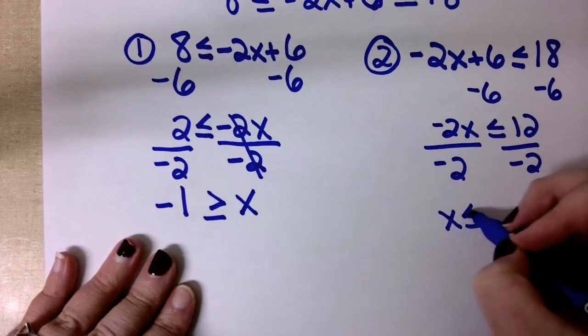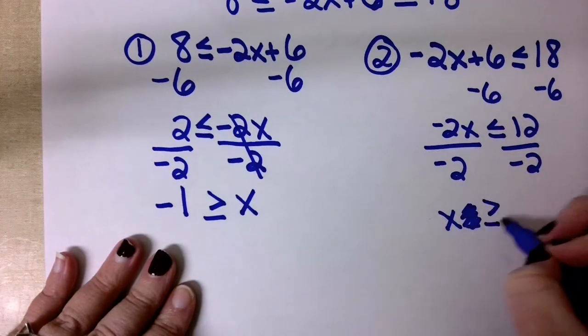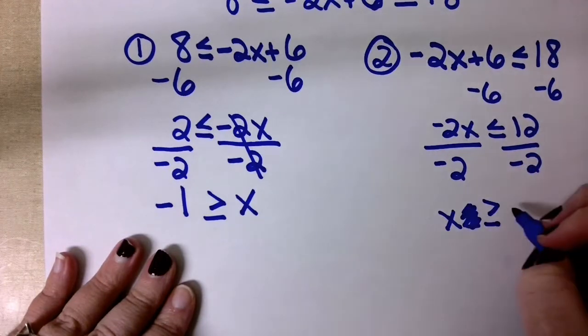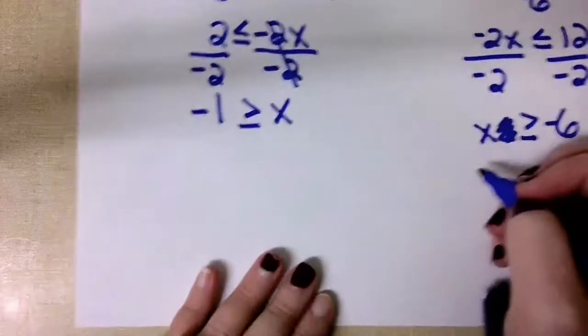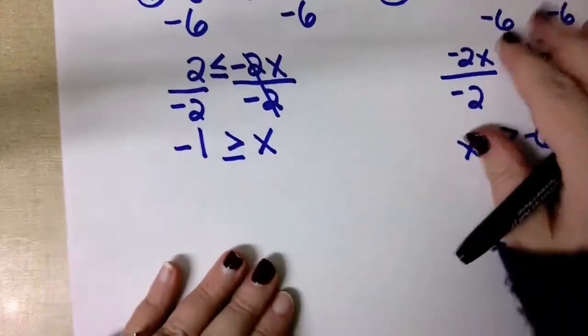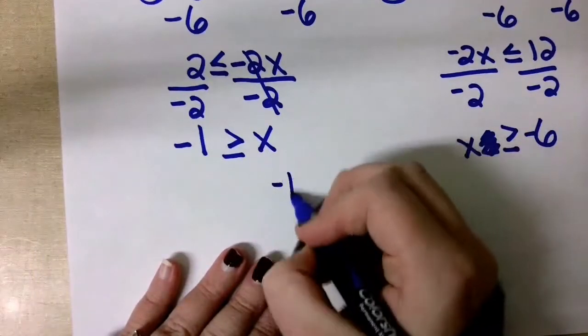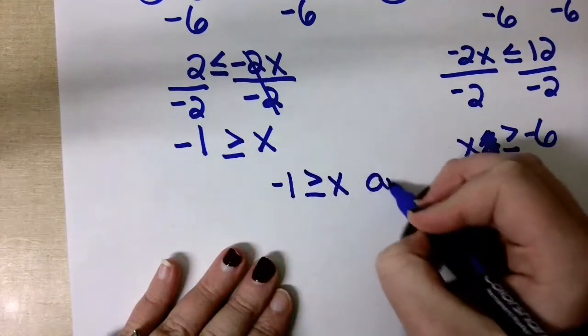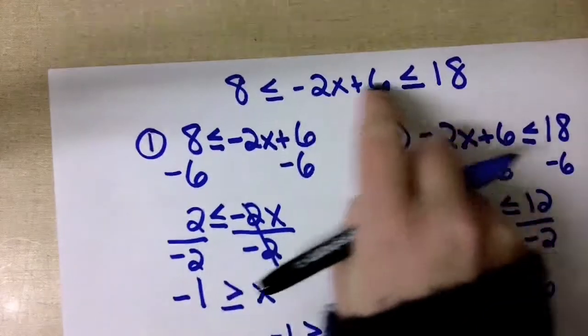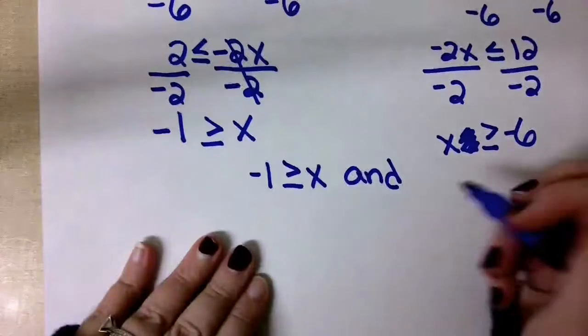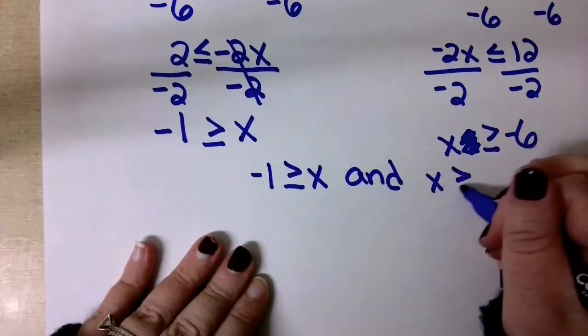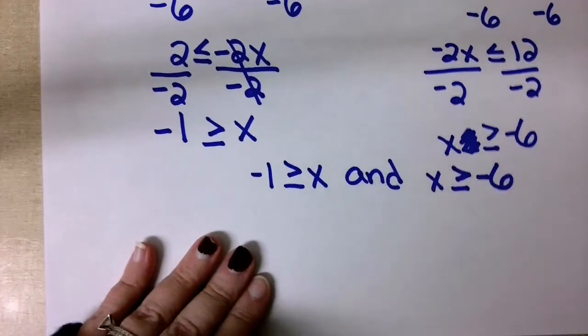Because I'm dividing by a negative, my sign flips, and 12 divided by negative 2 is negative 6. So you're going to have two inequalities. Negative 1 is greater than or equal to x, and because we had an and up top here, x is greater than or equal to negative 6.